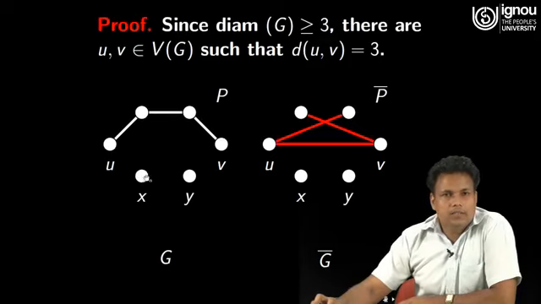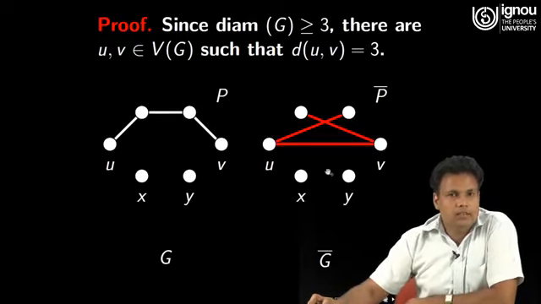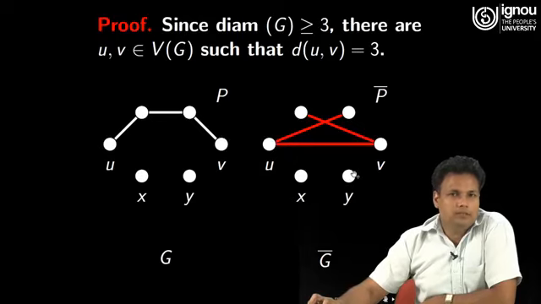As in the previous case, X is not adjacent to both U and V, and similarly Y is not adjacent to both U and V, and hence X is adjacent to at least one of U and V, and Y is adjacent to at least one of U and V. For instance, just consider the case where X is adjacent to U and Y is adjacent to V. So in that case, X and Y are connected by a path of length 3, right.